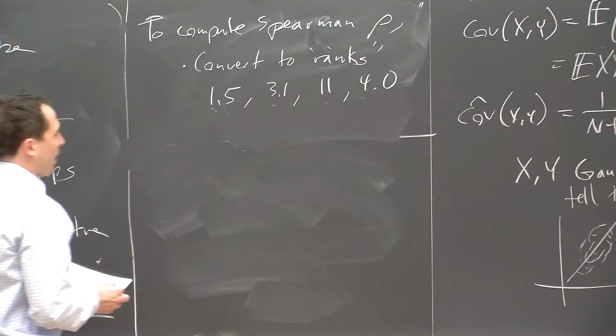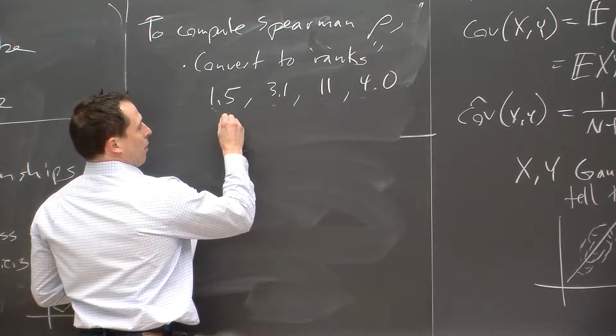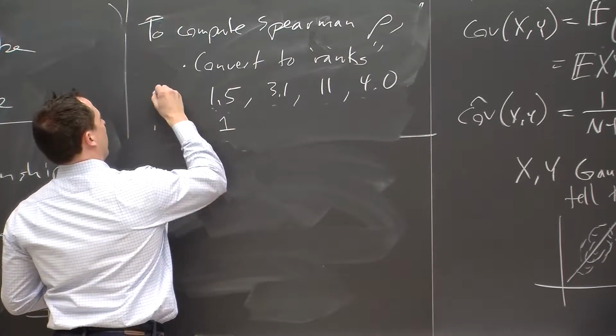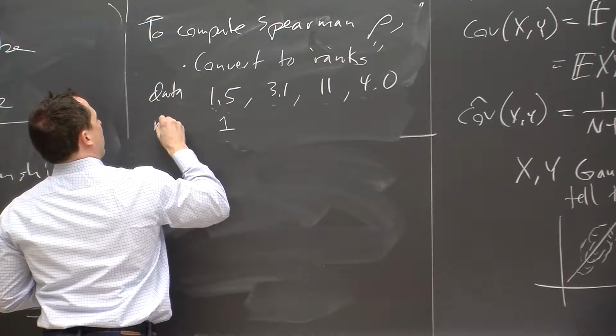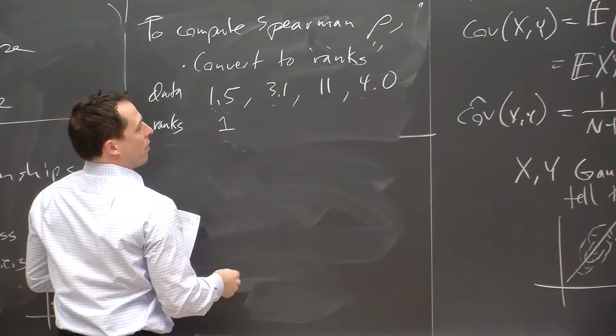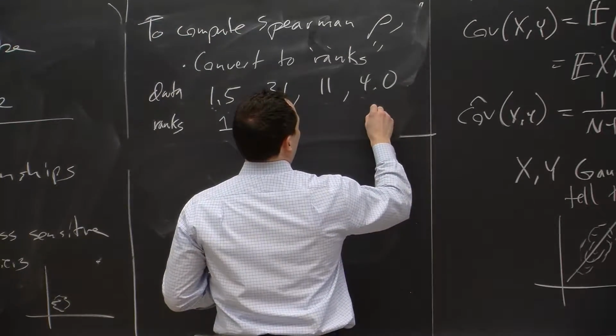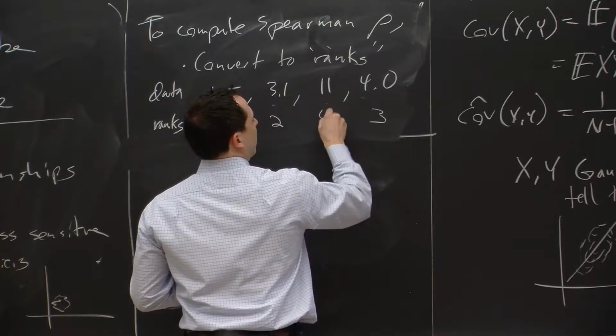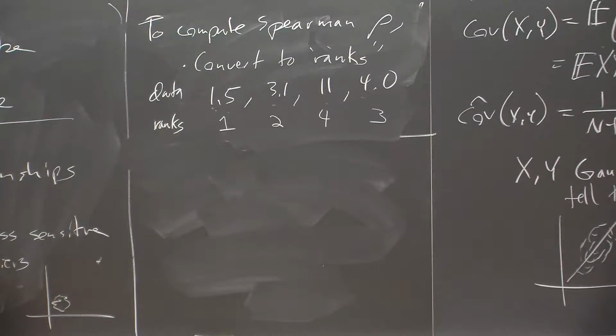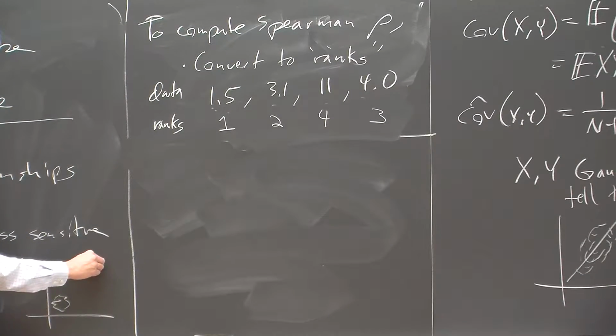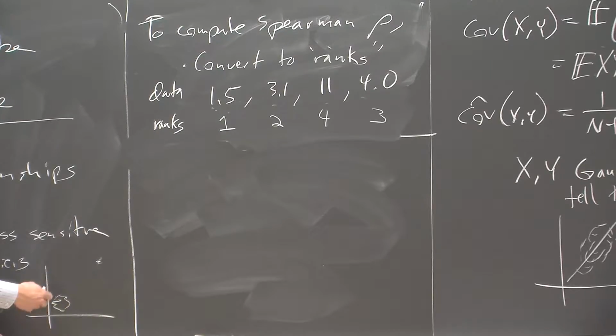To convert them to ranks, I code the smallest one as 1. The next smallest one is 2. The next smallest one after that is 3, and the largest one is 4. So you can see that's why this thing, instead of becoming 11 or 100, just becomes the highest rank.